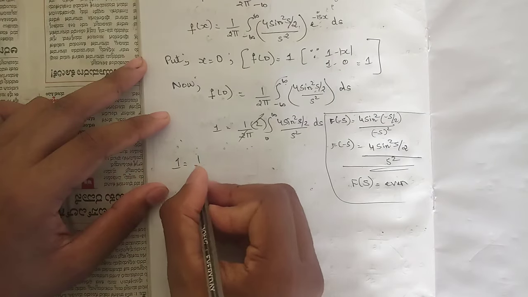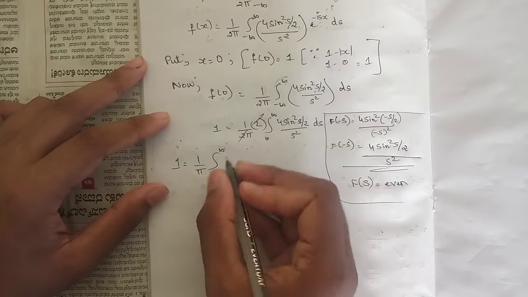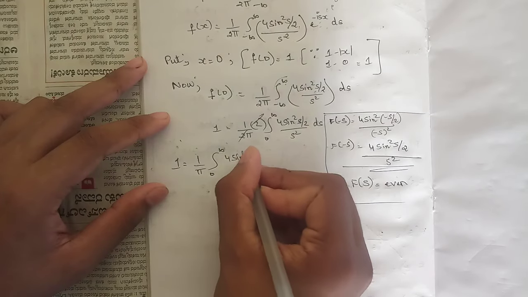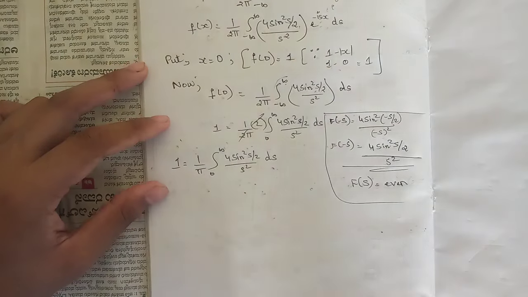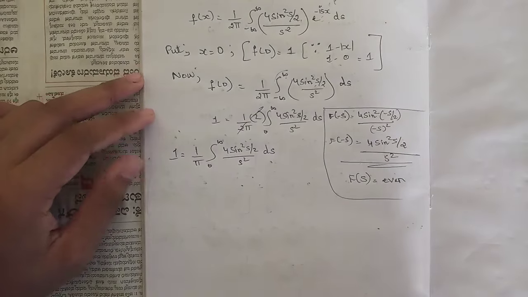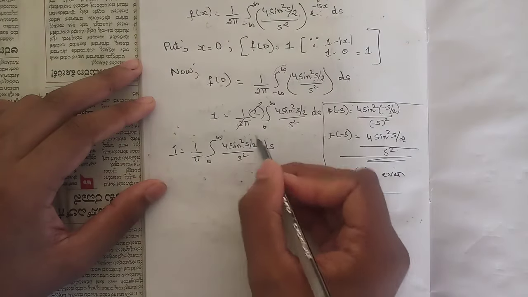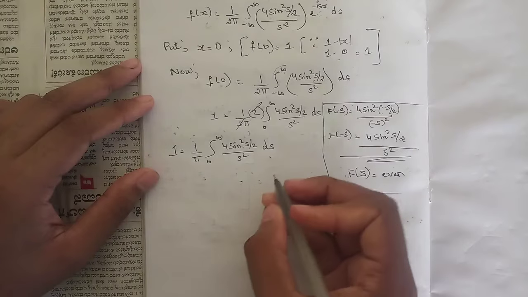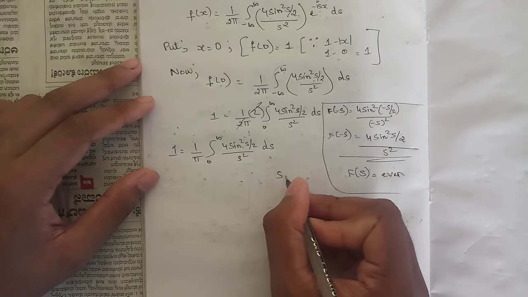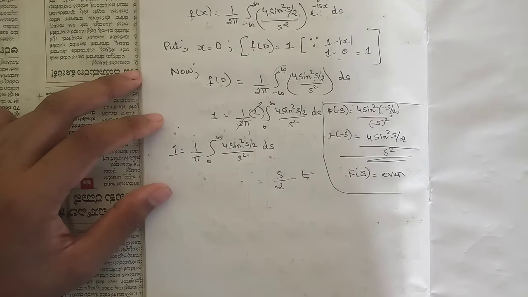The remaining terms are 1 upon pi times the integral from 0 to infinity of 4 sine square s by 2 by s square into ds. But we have not reached the solution. In the deduction case, in place of s by 2 there is t, so we are going to do the same thing here and replace s by 2 with t.